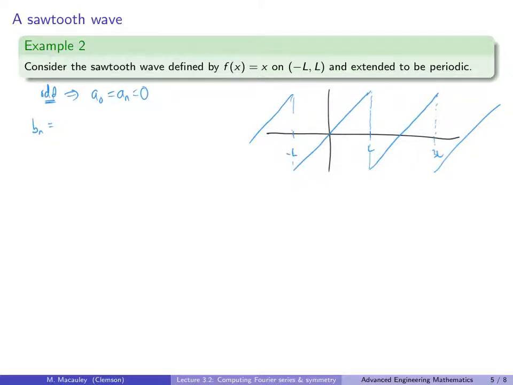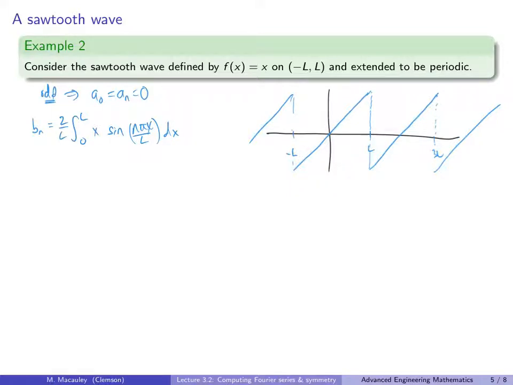Although it doesn't really matter here. It's not a big shortcut because there's no discontinuity in here, so it's not a big advantage. But it's a good habit to get into. So I'm going to take 2 over L, integral from 0 to L of x times sine of n pi x over L dx.